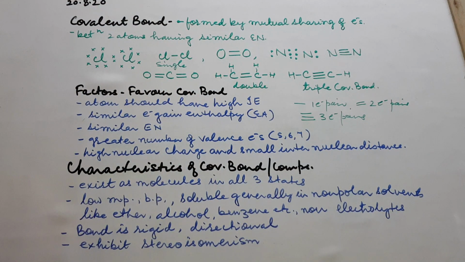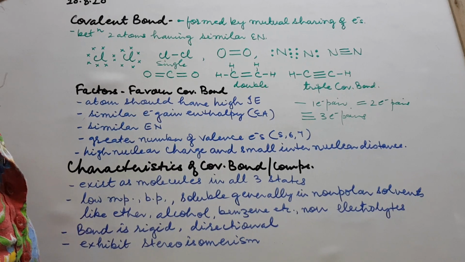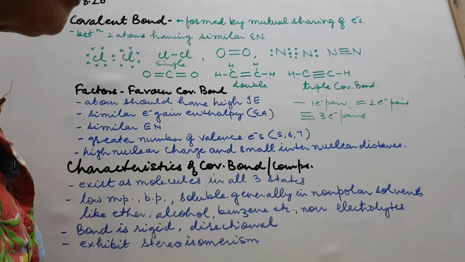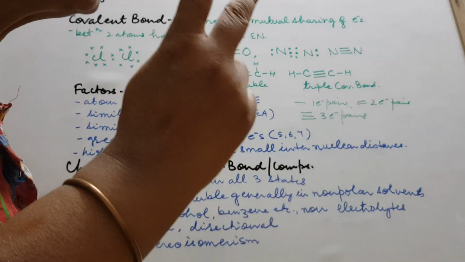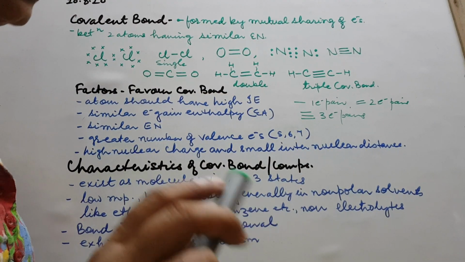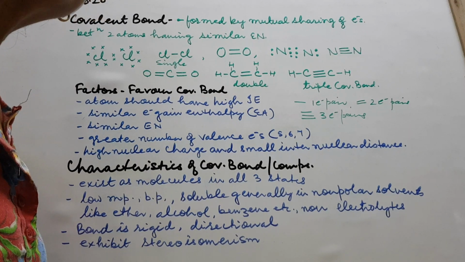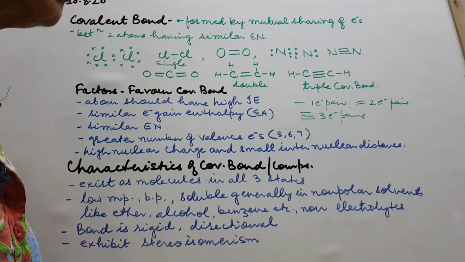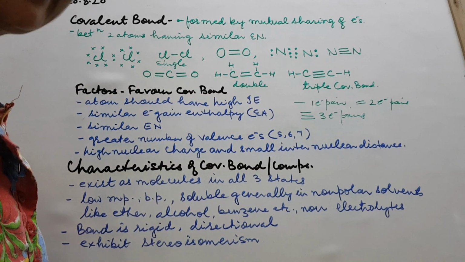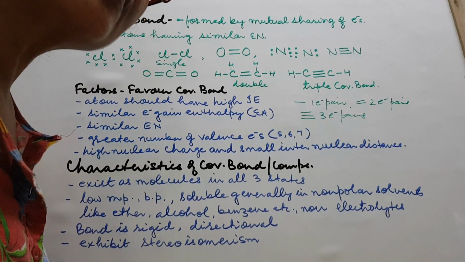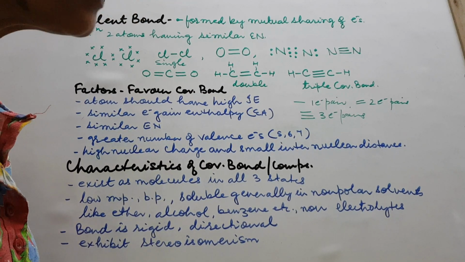Right children? So suppose I ask you, in a double covalent bond, atom shares 2 electrons. One answer. Now my question is, in a double covalent bond, there is sharing of... So either the answer will be 4 electrons or 2 electron pairs.